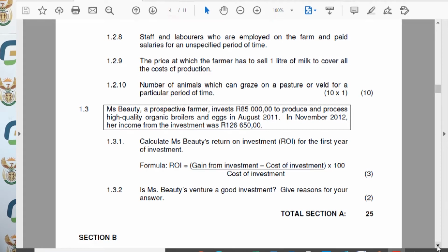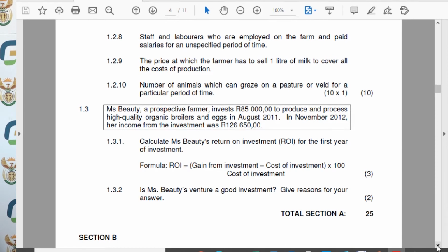Then we divide that answer by the cost of investment, 85,000 rands. And we get 49 over 100.